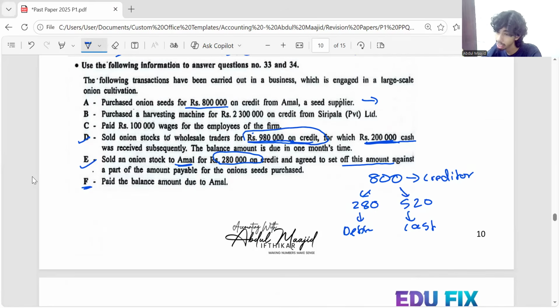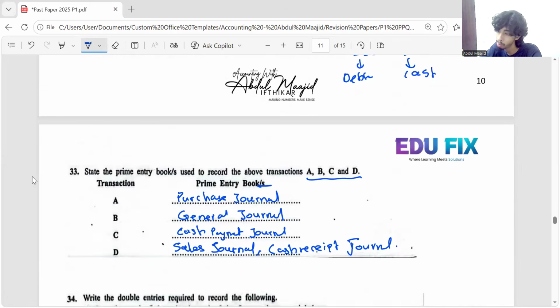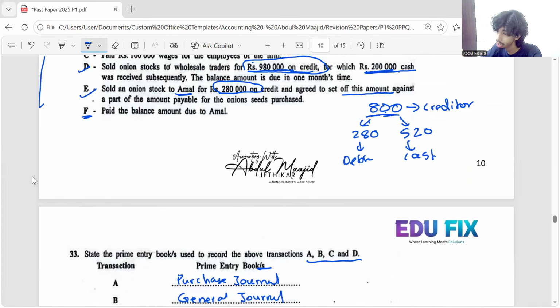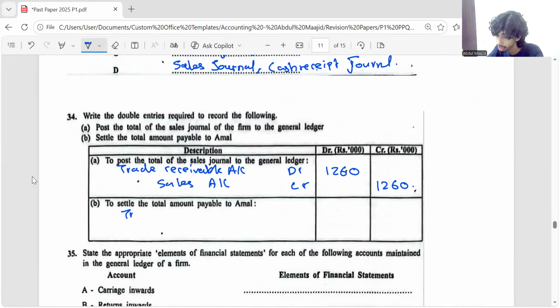Now you are settling the entire amount to Amal, right? Then what's going to happen? Here, what are they asking? The double entry to record the settlement of total amount payable to Amal. Now your Amal, you are settling 800 as a creditor. Then the creditor's amount will reduce. Trade creditor or trade payable account, debit 800.